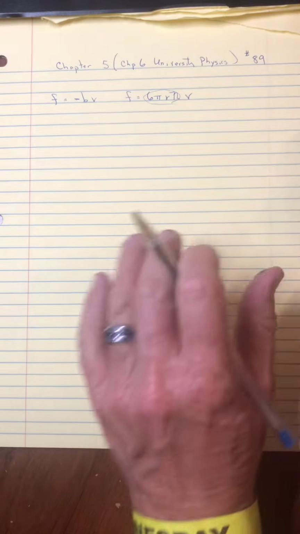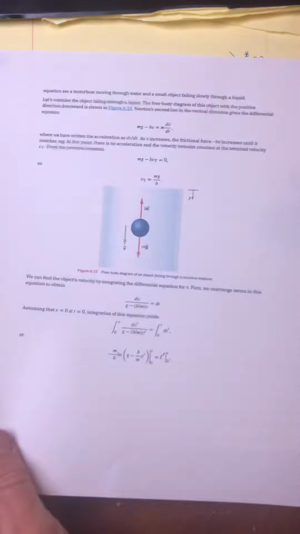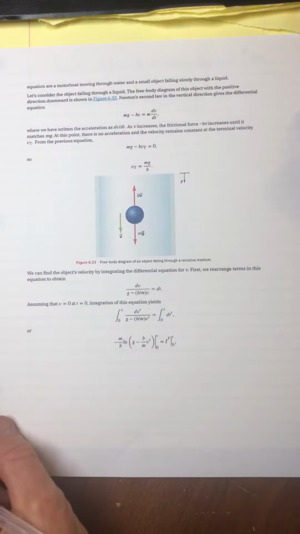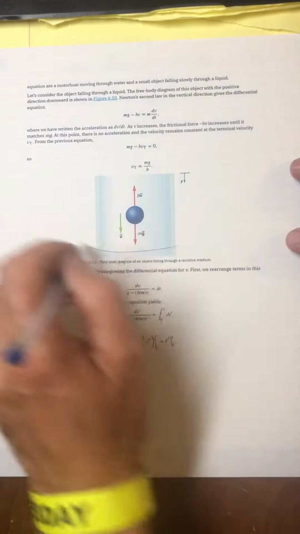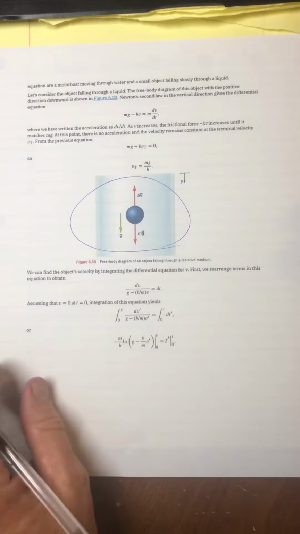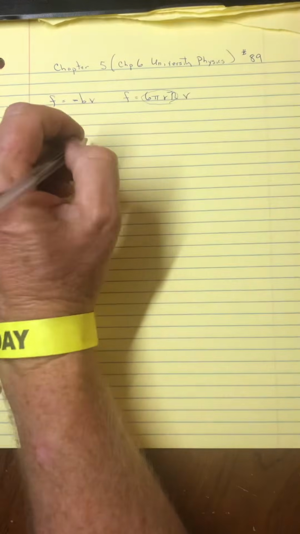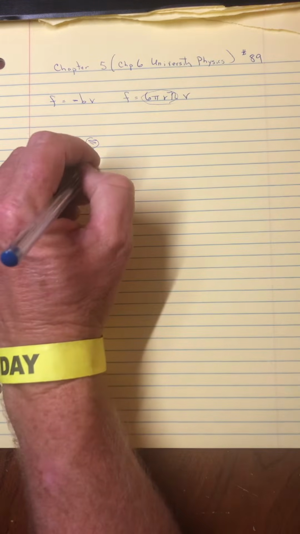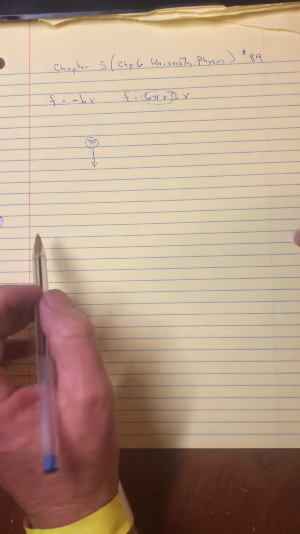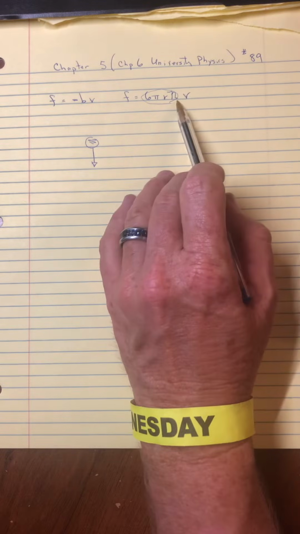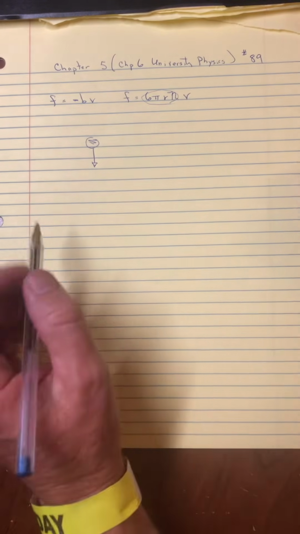That alone might be a little confusing, but I jumped back into the author's reading, and the author did a good job. I printed up one of the pages, giving you a free body diagram. I'll draw it as a sphere, but remember it's not a sphere, so I'm not going to use this equation, but it's kind of equivalent to it.